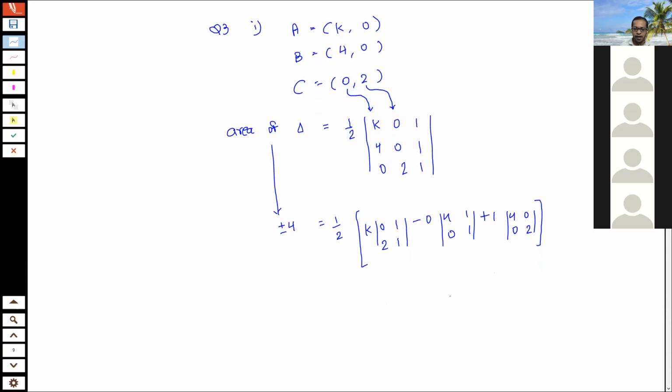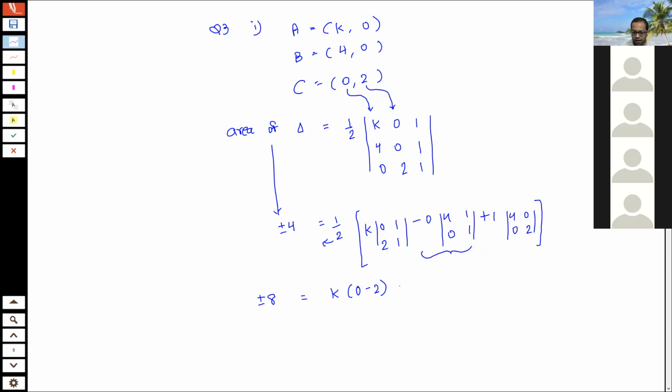Okay. Now we need to solve this. Transfer this 2 to that side. So we can write plus or minus 8 is equal to k into bracket. This is 0. This is 2. Minus sign in between. Okay. 0 and 2 and minus sign in between. No need to write this because entire value will be 0.